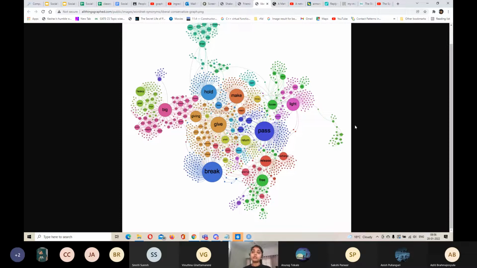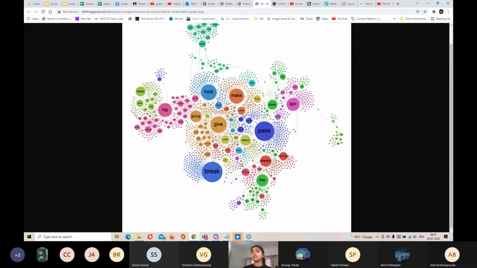It is a network between English words based on whether they are synonyms or not. If I can read something here, see, great is connected to large. So in some sense, great is a synonym of large, and then loose is connected with light, make, and so on and so forth.